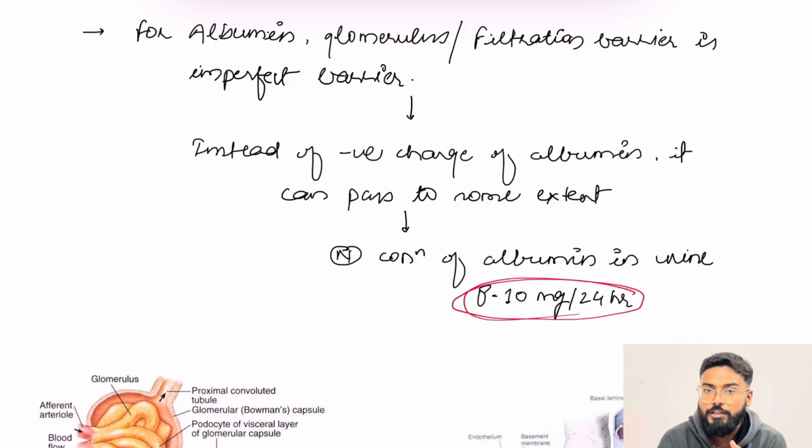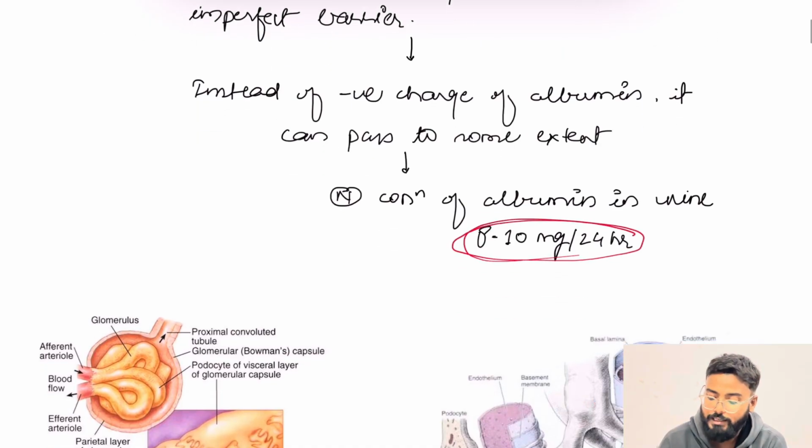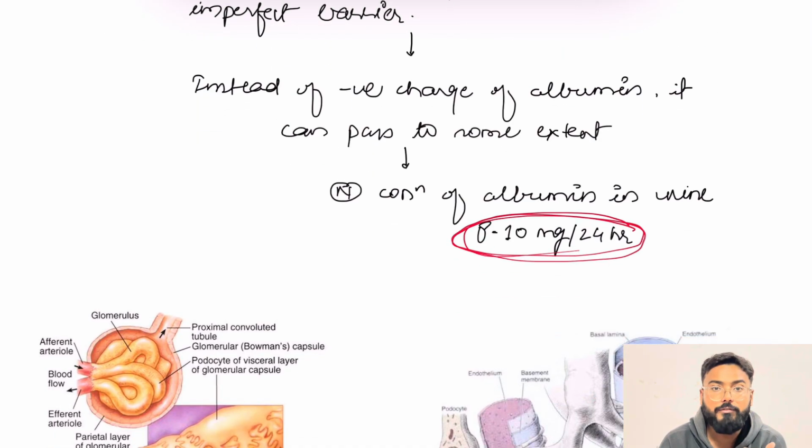Even though the negative charge is going to repel the albumin, the slit pore is a bit larger compared to the size of albumin. So if you combine all this together, the albumin can pass through to a certain extent. That is your 8 to 10 milligrams per 24 hours. This is the normal amount of albumin that you can see in the 24-hour voided urine sample.